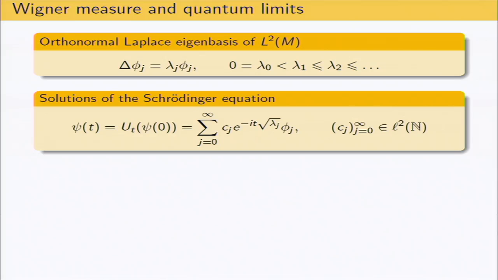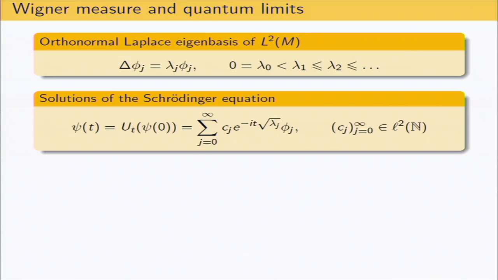where Cj is an L2 sequence. This is how a general wave solution, how a freely moving particle on M, looks in the wave description, in the quantum mechanics description. And now what is very interesting is that these individual pieces, if you look at their absolute values, no longer change in time. The individual pieces have a separated position and time dependence, and this time factor is of absolute value 1.